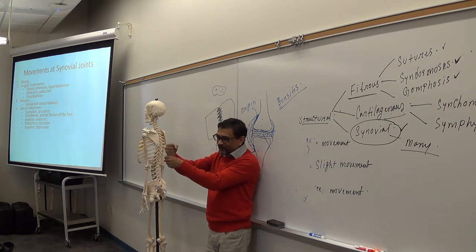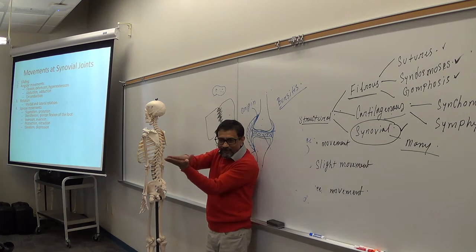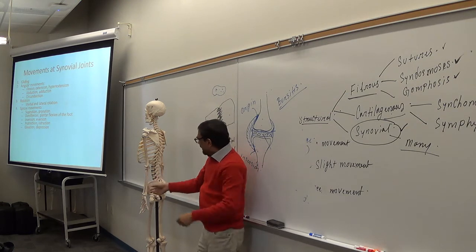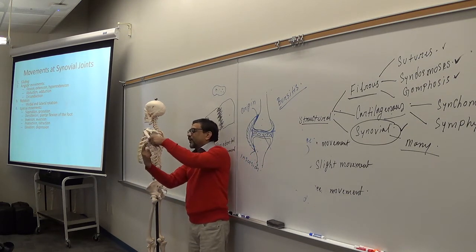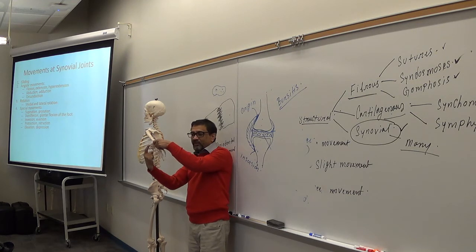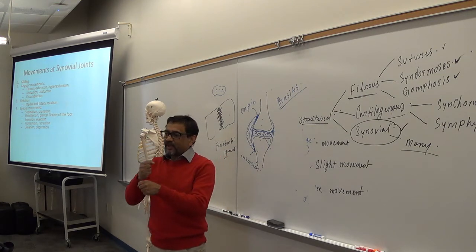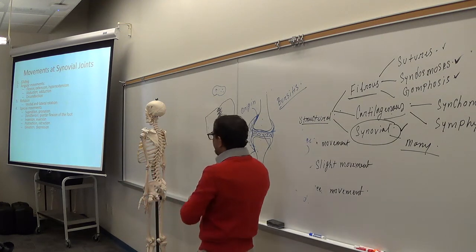Make sense? That is gliding movement. Usually occurs between carpal bones. Carpal bones are short bones, you know that, right? So that sliding movement is called gliding.